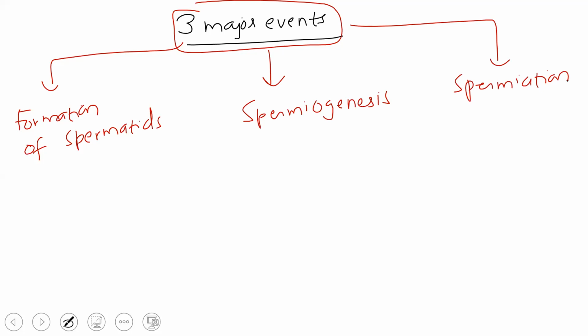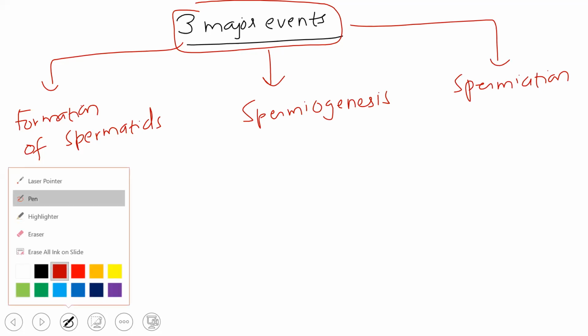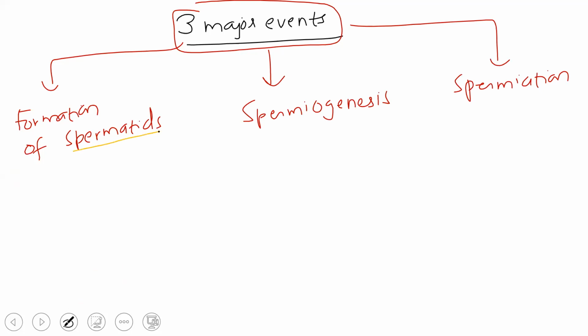So first is the formation of the spermatids, then spermiogenesis, and then spermiation. This spermatid formation is basically a process to form something called spermatocytes.